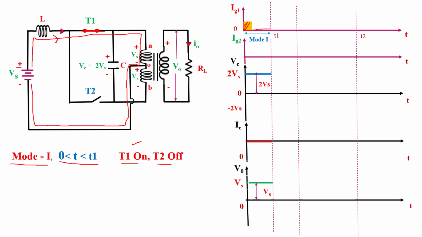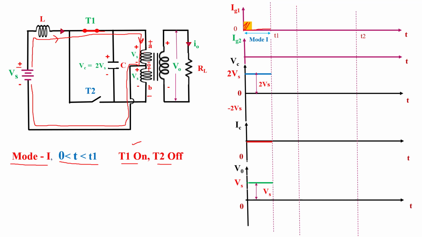When current follows this loop, the direction of current across the primary winding is A toward B. So this time terminal A is positive with respect to B. So if A is positive, O is negative, and if B is negative, then here this terminal is positive.